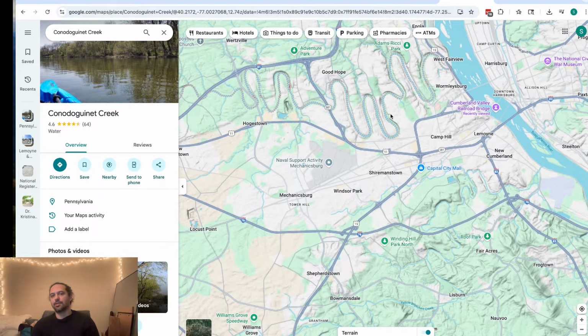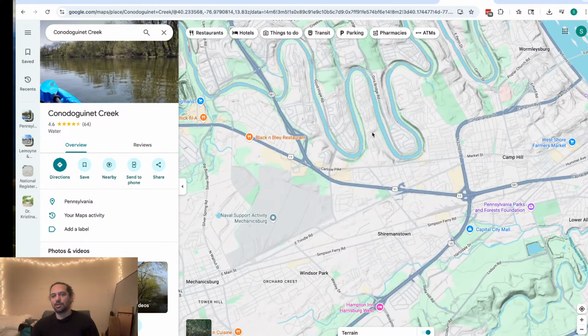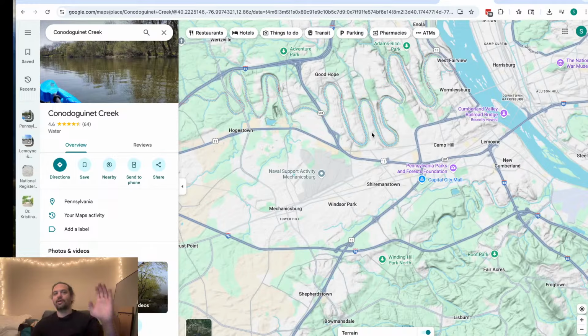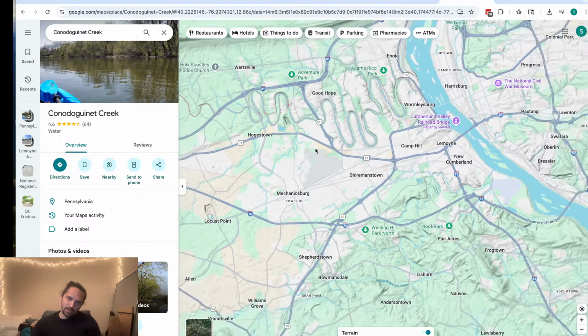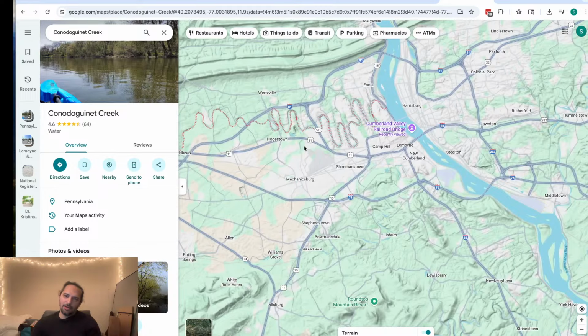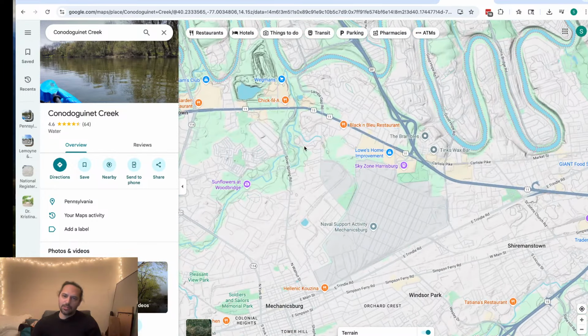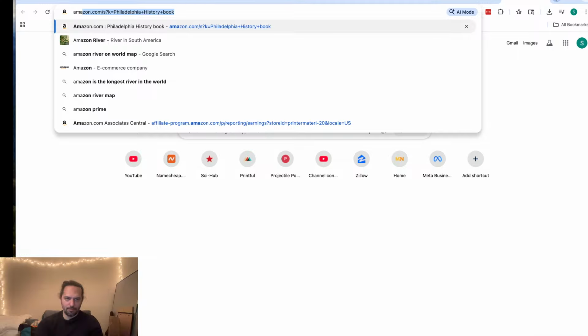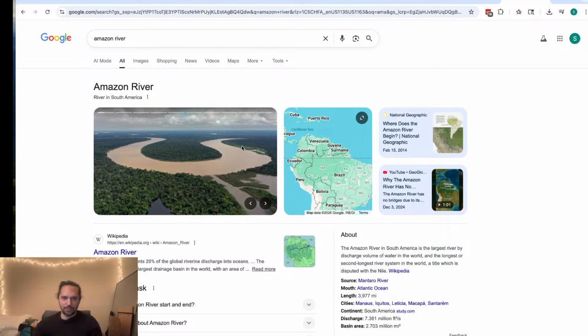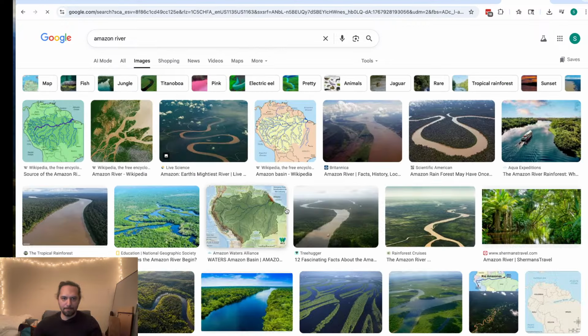So here's another thing you can see about this creek. Now, often when you see that kind of windy, twisty part of a creek, right, you see that in waterways that go through very sandy and very loose soil. So if you look at the Amazon River, see how it has these huge oxbows in it?